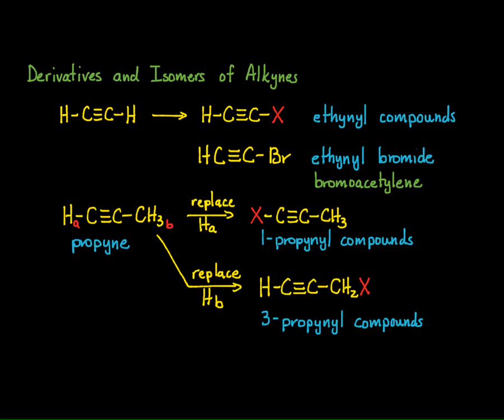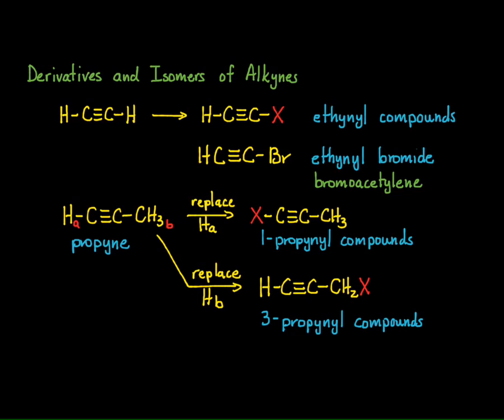But if you look closely, this resembles characteristics of an alkene. Remember, when I had a methyl group coming off of ethylene, propene, and I substituted one of the hydrogens of the methyl group with X, then I had an allyl compound.